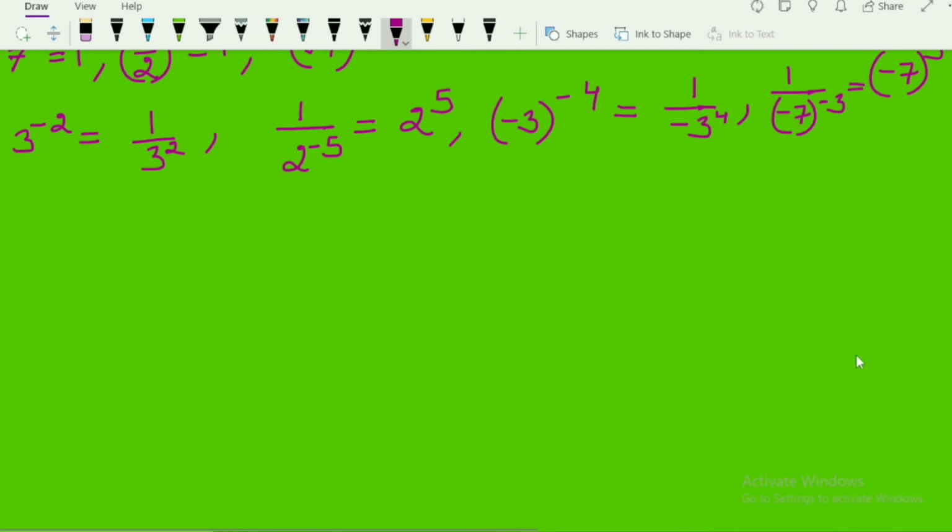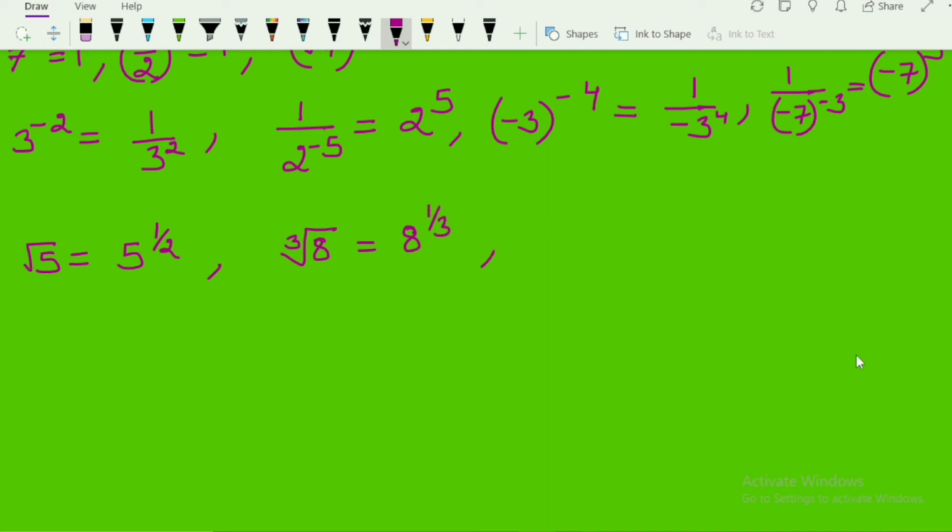Next example, suppose a number is there, root over 5. It simply means 5 to the power 1 upon 2. Another one, say cube root of 8. So it will be 8 to the power 1 upon 3.